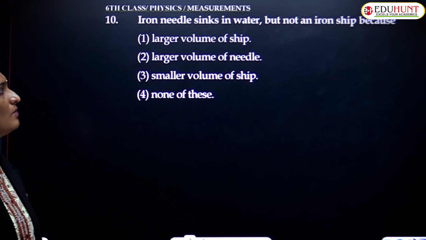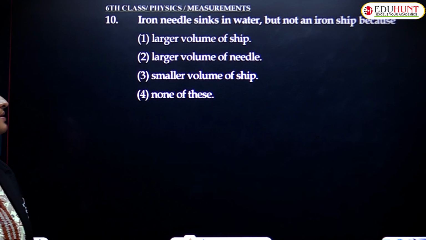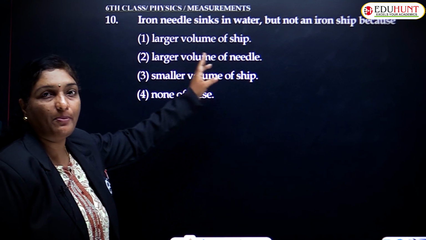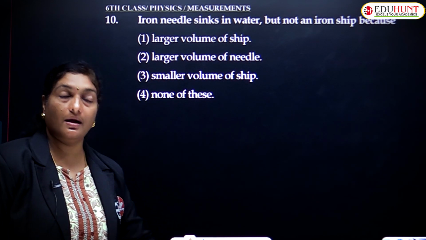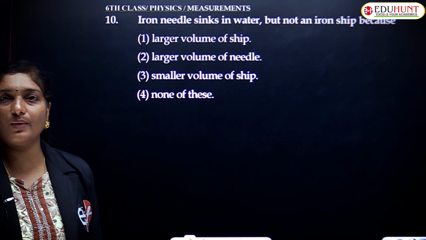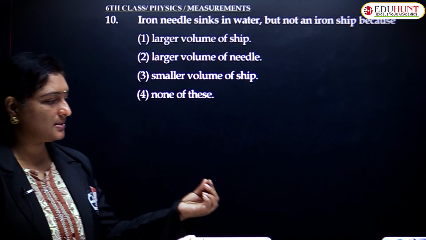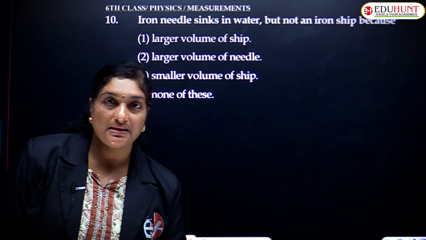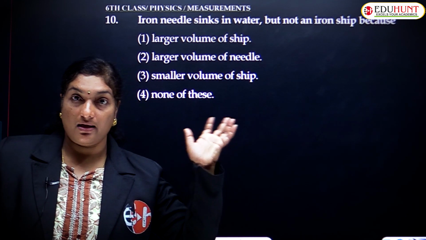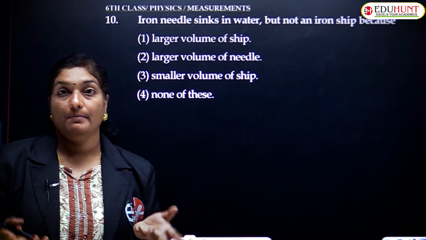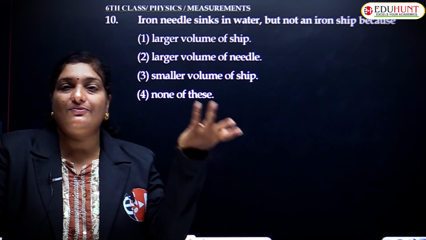Iron needle sinks in water but not an iron ship, because, yes, this is a great question. Iron needle is made up of iron, whereas the ship is also made up of iron. But do you ever wonder why? If you immerse this needle inside the water, then definitely it will sink down. But the same heavy iron is made into a ship, and that much heavy iron ship is floating on the water.